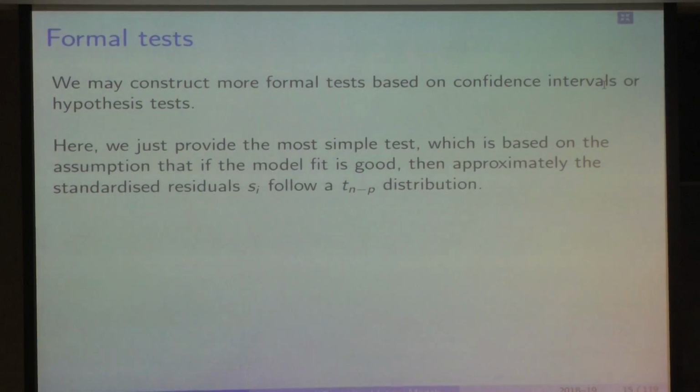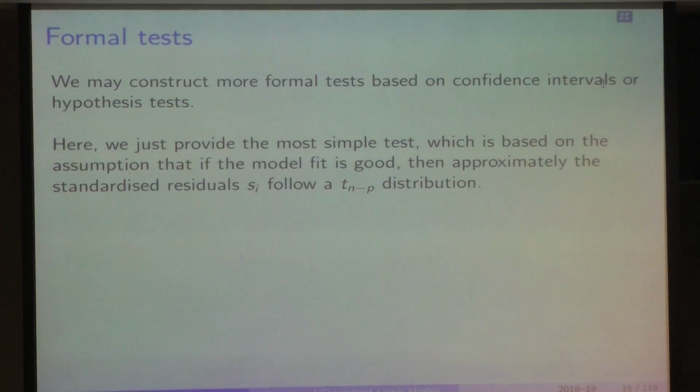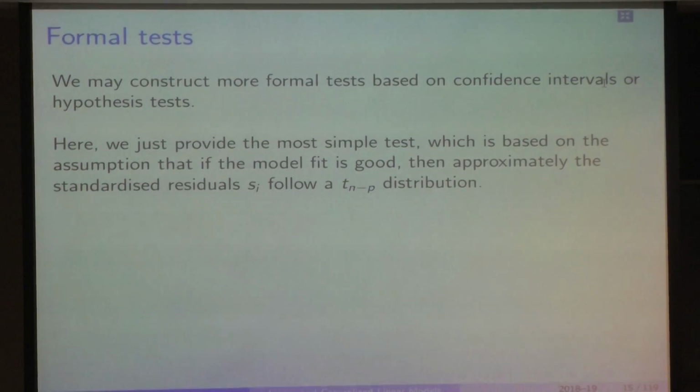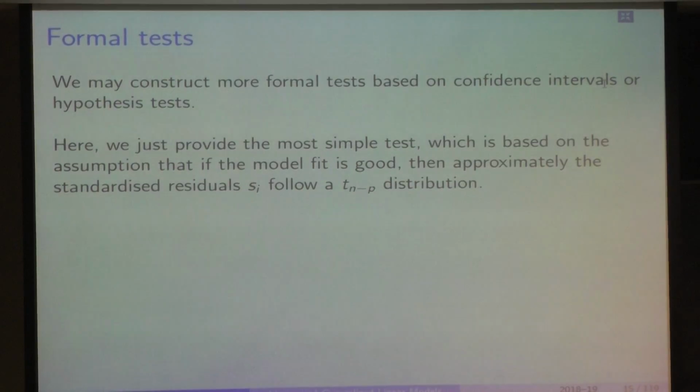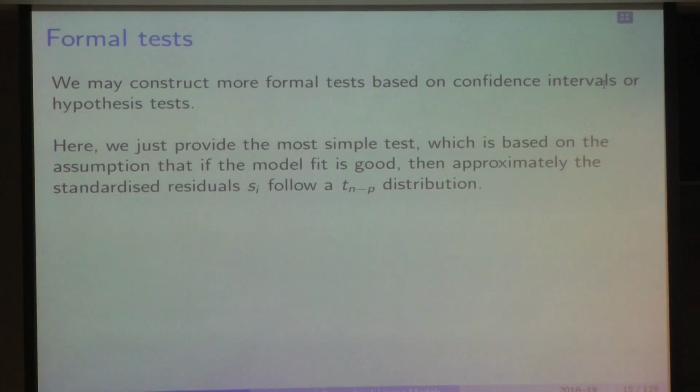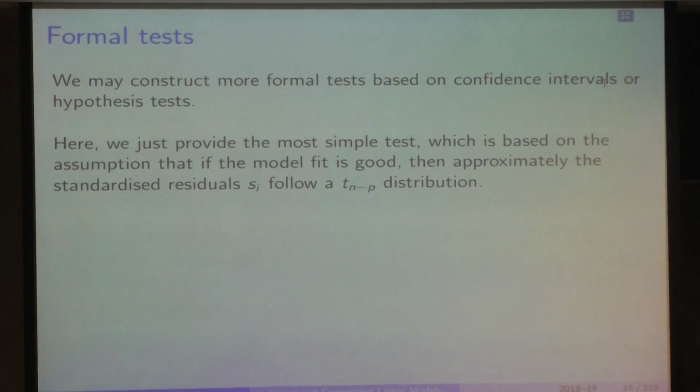Okay, so if the model fit is good, then as we saw a few slides back, the standardized residuals, so this is where we divide each residual by our estimate of its variance, those should follow approximately a t distribution, and it has the usual number of degrees of freedom for the t distribution in linear models, n the number of observations, minus p the number of parameters in the model.